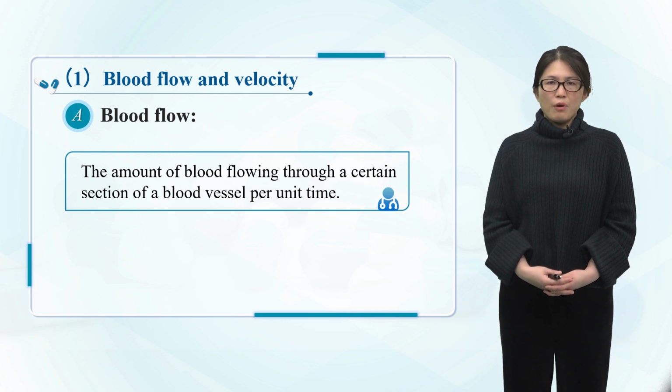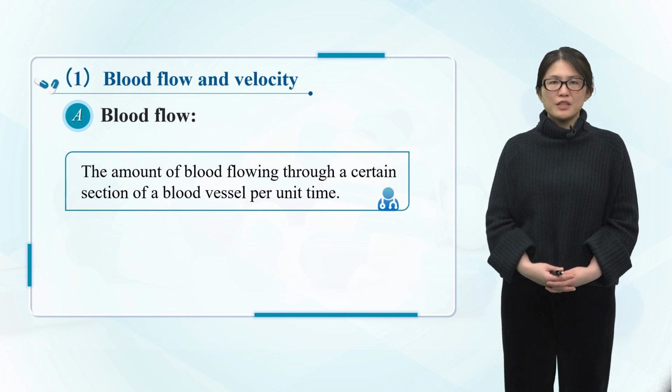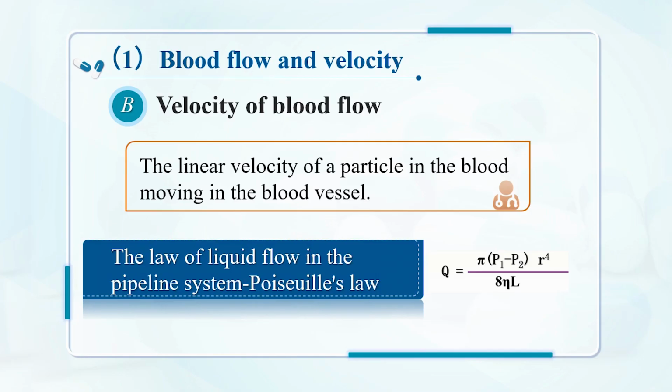The blood flow velocity refers to the movement of a certain particle in the blood in the tissue. When blood flows in a blood vessel, the blood flow velocity is proportional to the blood flow and inversely proportional to the cross-sectional area of the blood vessel.